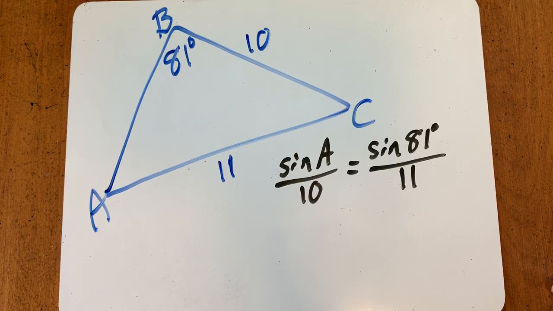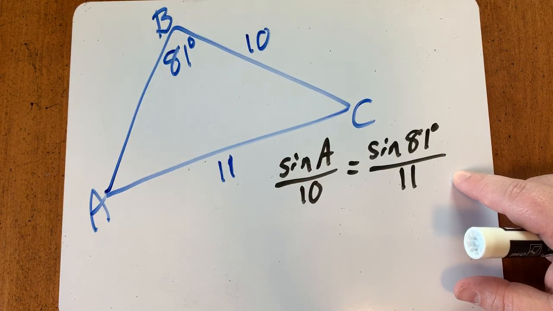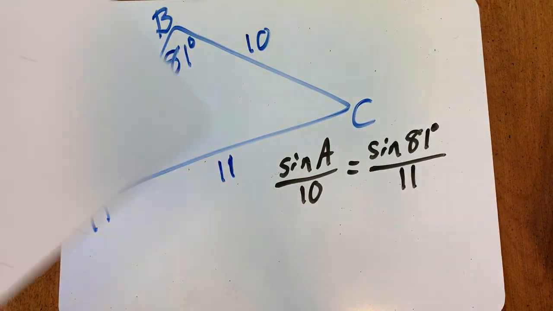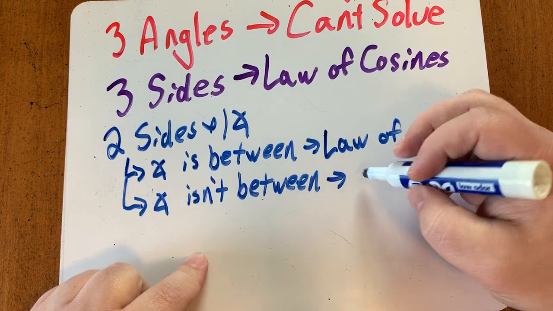So anytime you know two angles in a triangle, you really know all three angles. So you can use the law of sines whenever the angle isn't between the two sides.